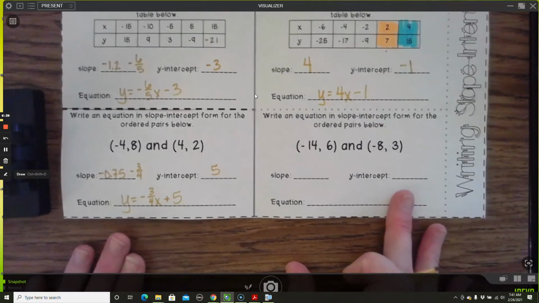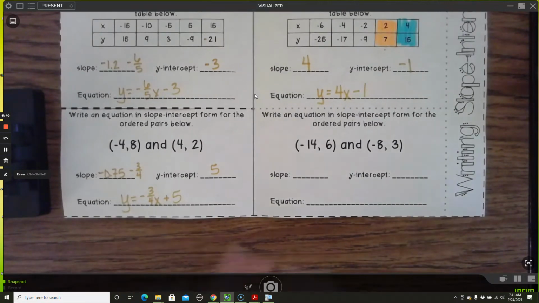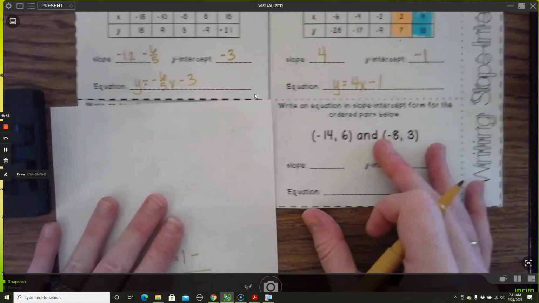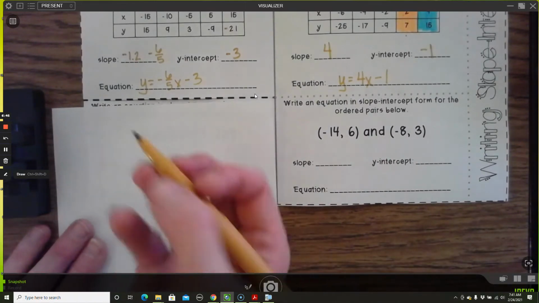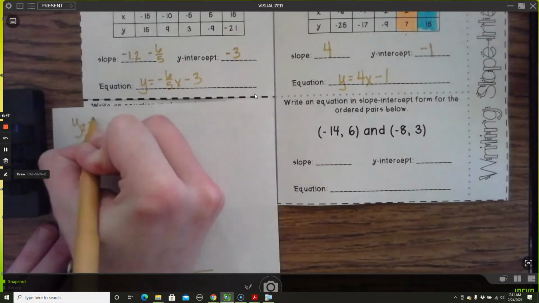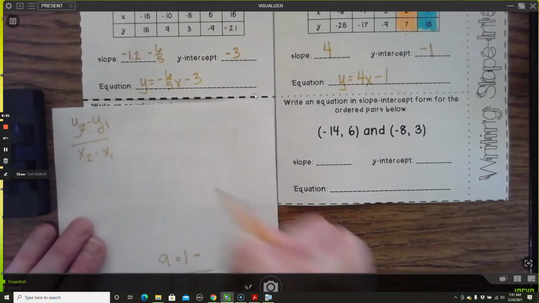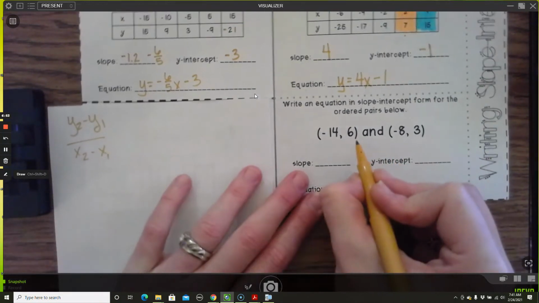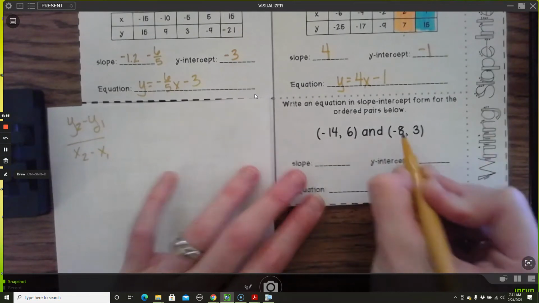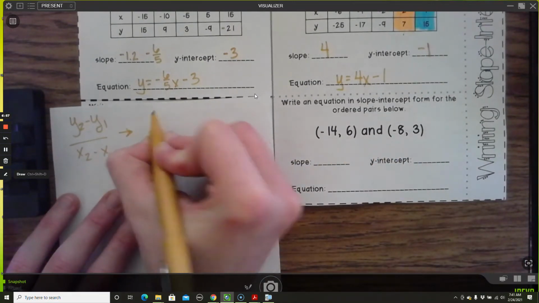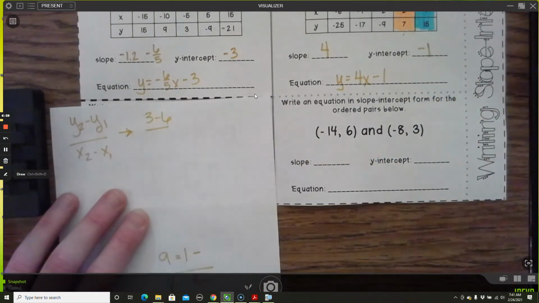And so for our second example, I'm going to do it by hand again. We're going to use the slope formula, y2 minus y1 over x2 minus x1, to find the slope. My y's here are 6 and 3, so I could do 3 minus 6.